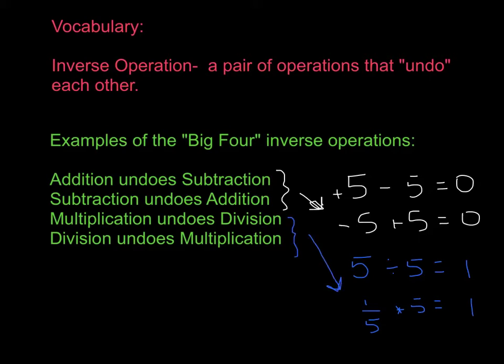So undoing things, adding and subtracting, you're trying to get a 0. But multiplying and dividing, you're trying to get a 1. Make sure those examples are on your page. You may want to pause your video. Make sure those examples are on your notes.